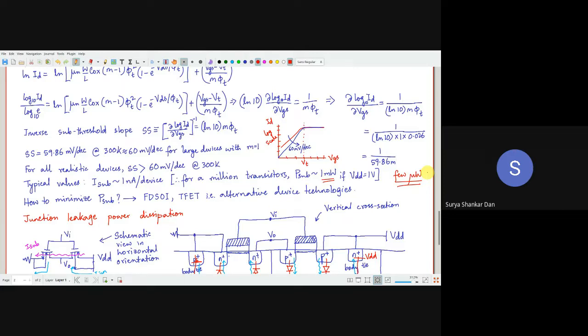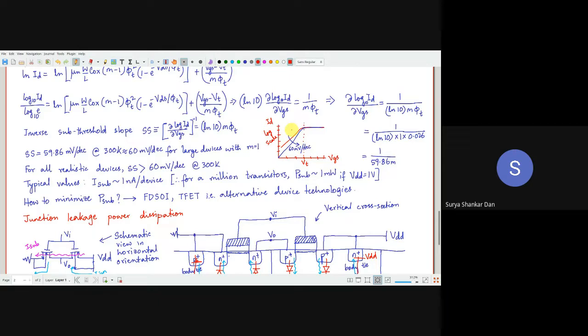Now the question is how to minimize the subthreshold leakage. As I have written, there is only one way to reduce the subthreshold leakage: under any circumstances, you have to reduce this subthreshold slope.